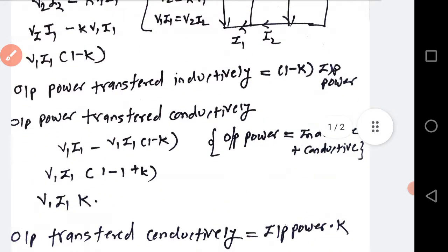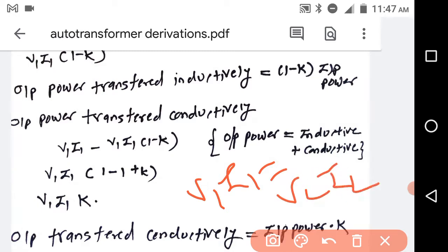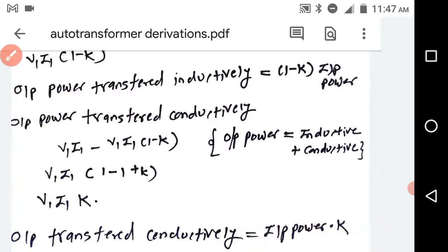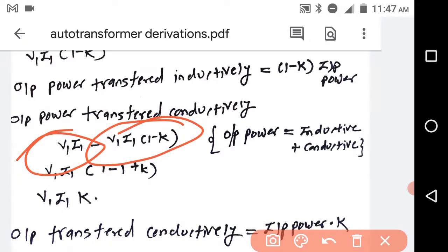So what would then be the conductive power? We are considering no losses, so V1 I1 equal to V2 I2. So we got the inductive power, then conductive power is nothing but input power minus inductive power, because input power we are considering is same as the output power because no losses are there.